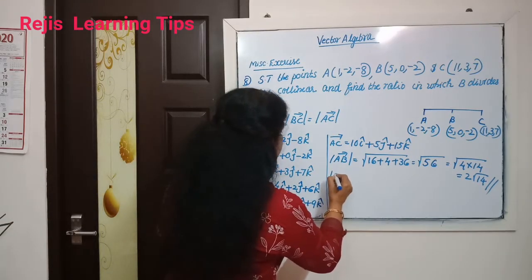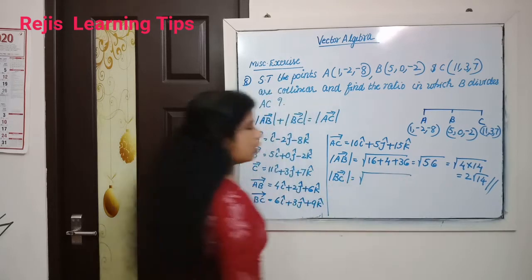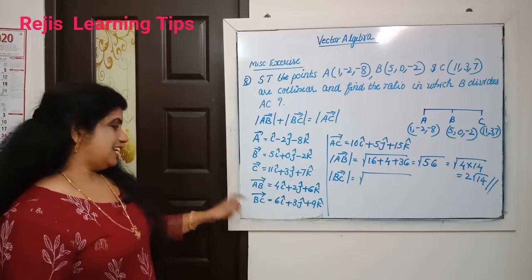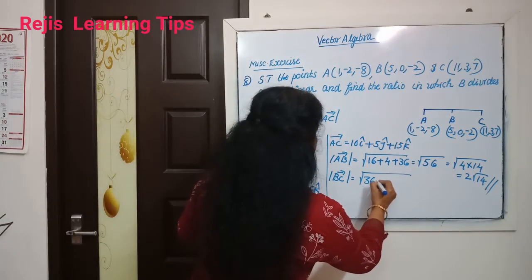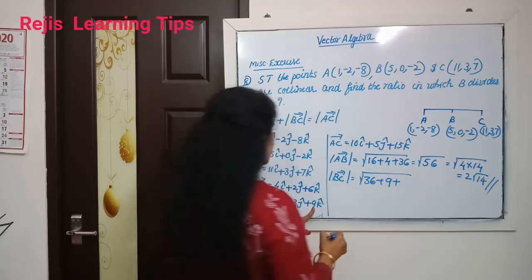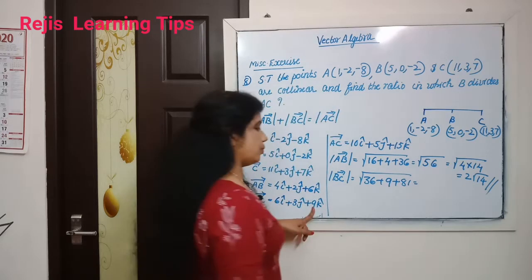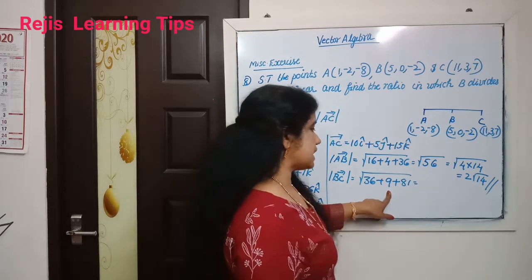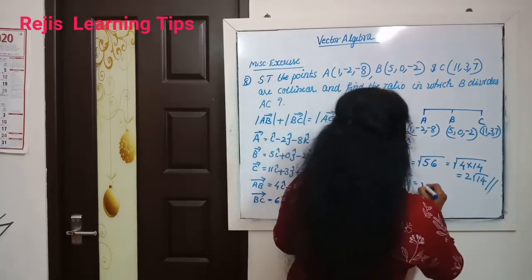Then magnitude of vector BC is equal to root of 6 square that is 36, plus 3 square that is 9, plus 9 square that is 81. 81 plus 9 is 90, 90 plus 36 means root 126.